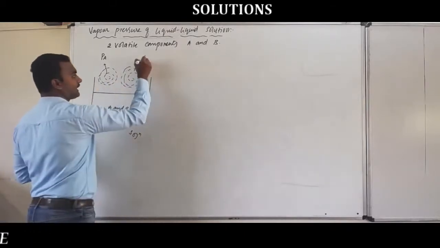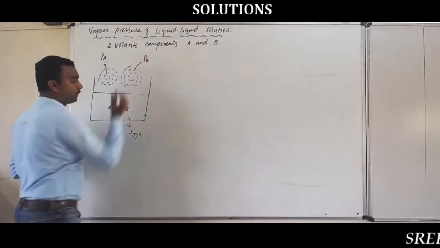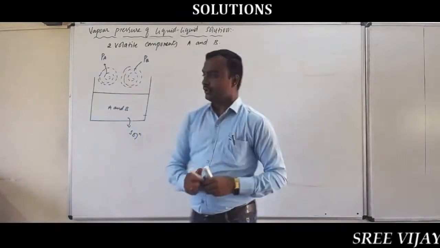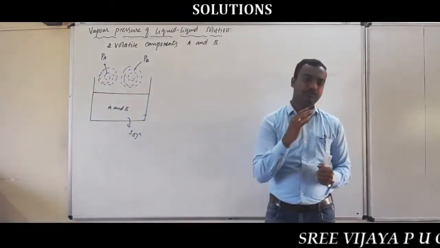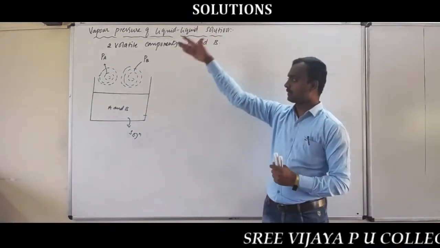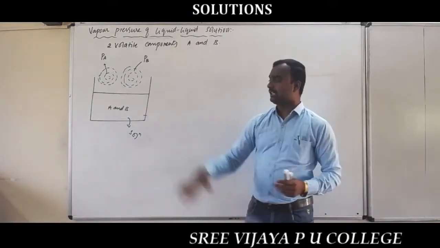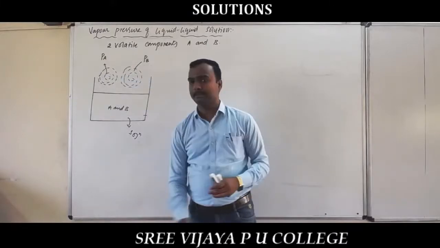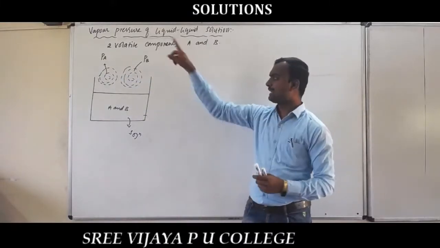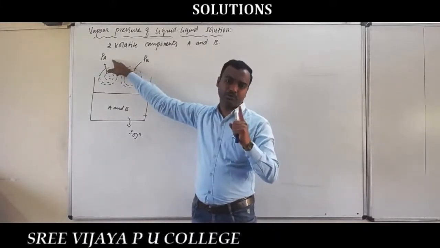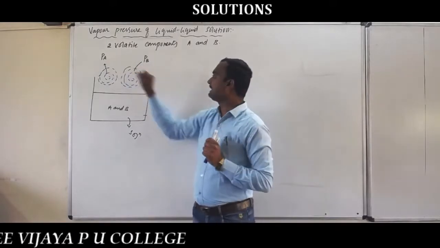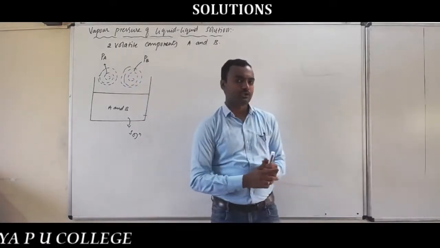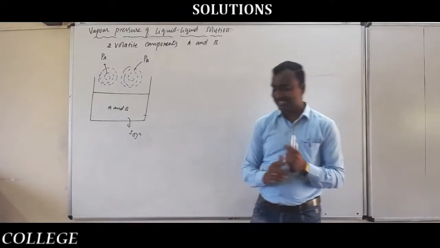That pressure is taken as the partial vapor pressure of component B. So from the solution there are two vapors, one of A and one of B. These vapors create the pressures PA and PB, where PA is the partial vapor pressure of component A and PB is the partial vapor pressure of component B.